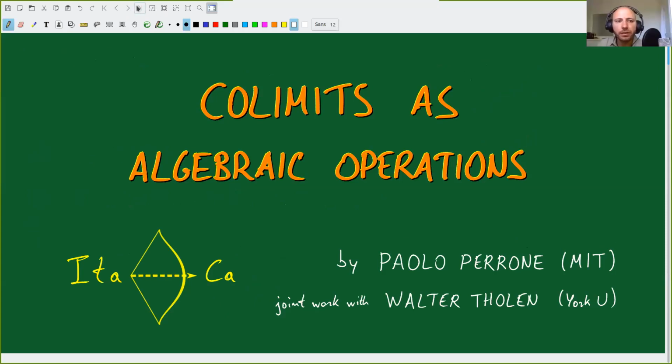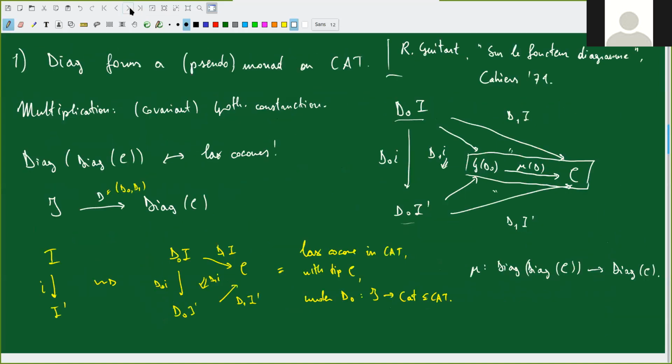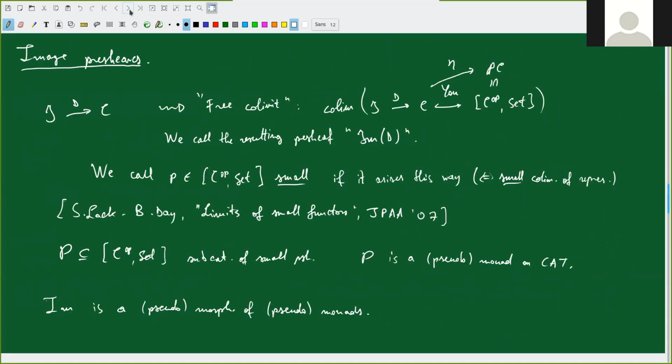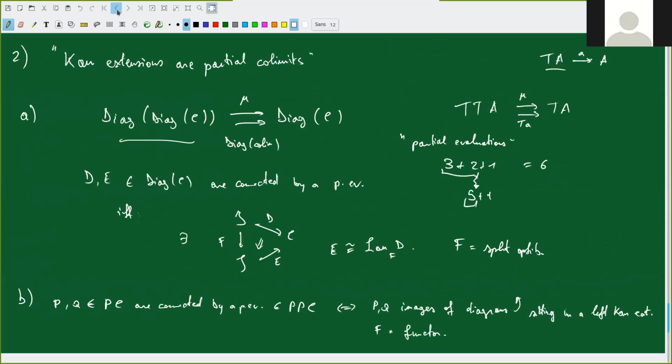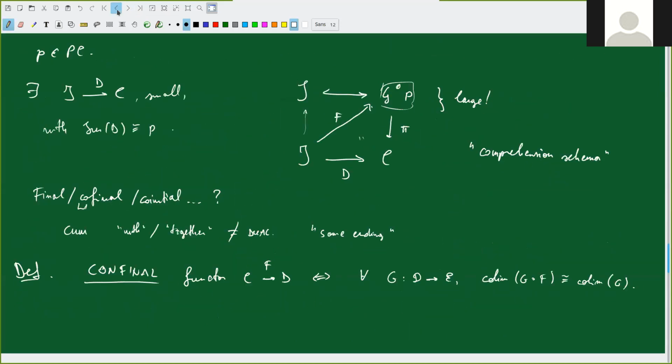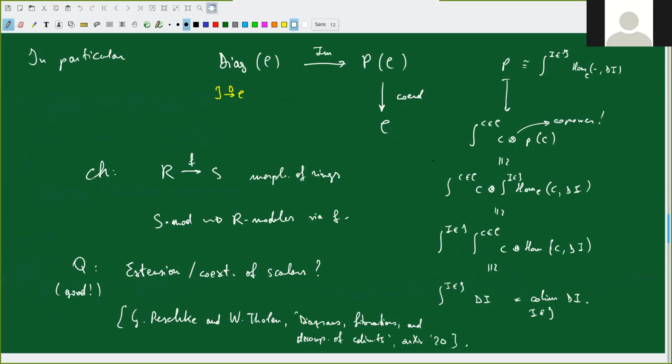So if you want to view colimits as algebraic operations, you could just start with the small presheaf pseudomonad and interpret the multiplication as being the algebraic structure. If you're interested in colimits as algebraic structure, what advantage do you have in looking at this diagram pseudomonad instead of just looking at the small presheaf pseudomonad?